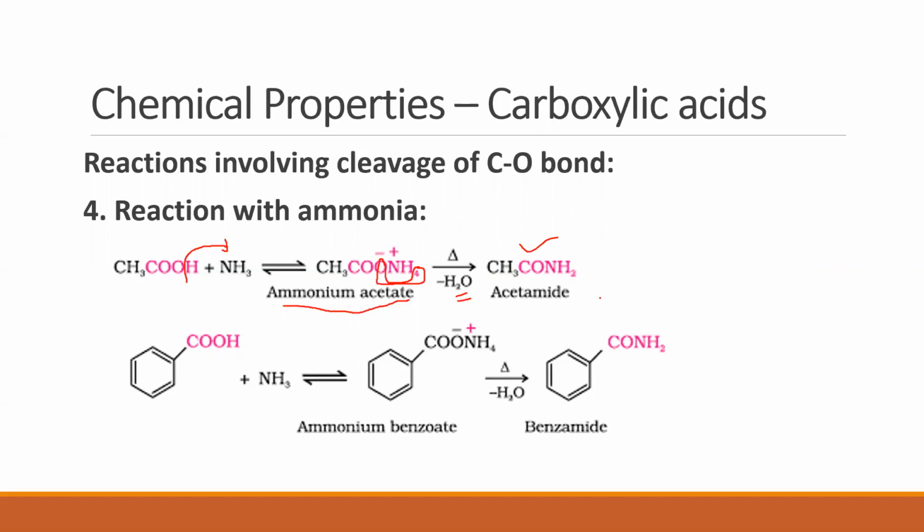An amide is obtained. Clear? So this is the reaction for the formation of an amide. So whenever a carboxylic acid reacts with ammonia, the first compound that is obtained is a salt, which is ammonium acetate if you take acetic acid. And this, upon heating, undergoes dehydration to give us an amide.